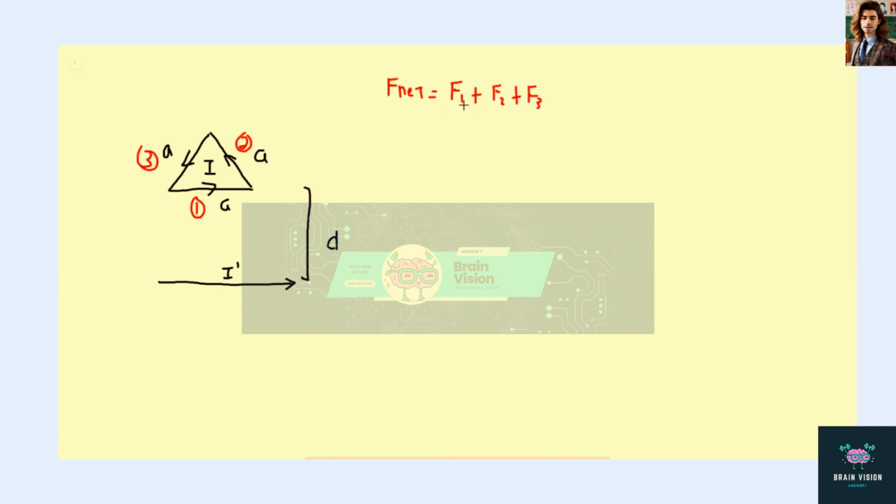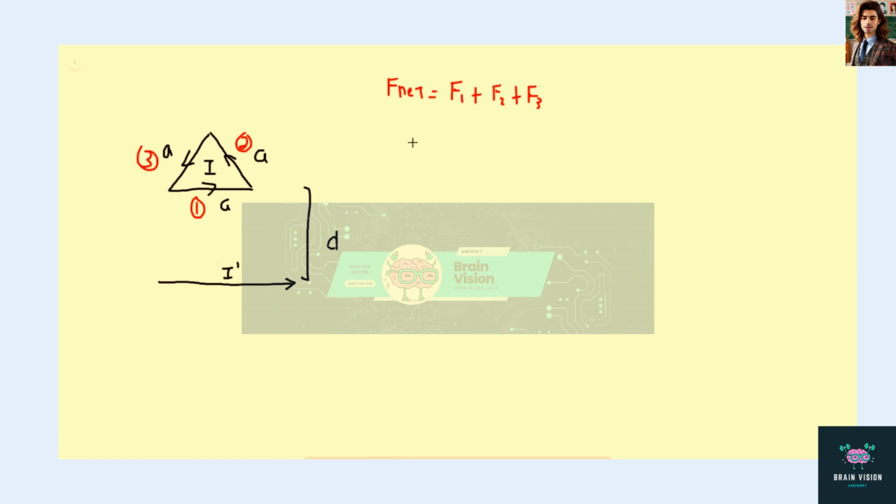So side 1 we can deal with pretty easily. This is parallel to the wire down here, and the current's flowing in the same direction. So that tells us it's going to be an attractive force. If it's being attracted, it's going to be pulled in the downward direction, so we usually call that negative.